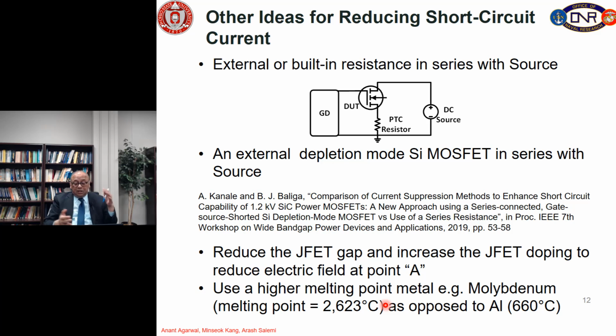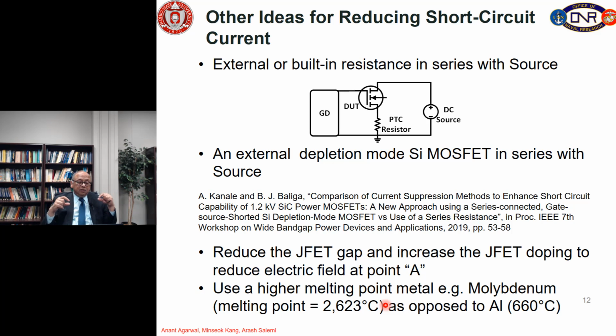But if we have a metal like molybdenum, we call it moly, with a melting point of 2600 degrees C as opposed to aluminum, then it will last much longer and will not melt, and your short circuit time would be much longer. So, these are simple solutions one can employ.